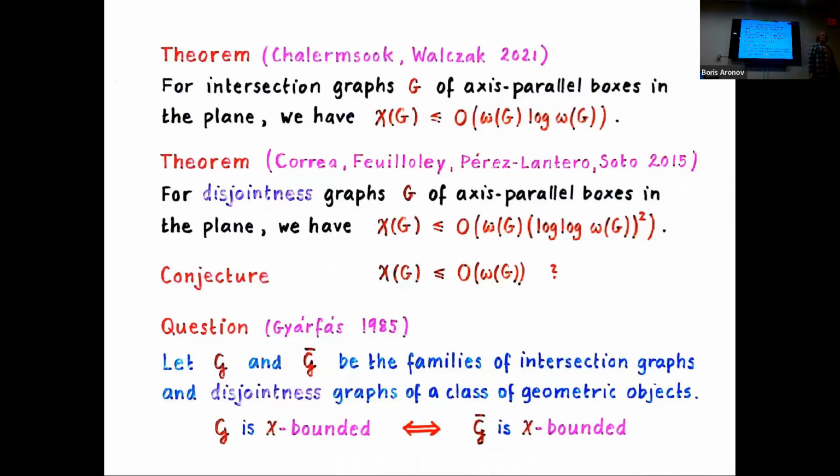So it wasn't an entirely silly conjecture by János in 1985 that perhaps it is true that if you take two complementary classes of graphs, the families of intersection graphs and of disjointness graphs of a class of geometric objects, one class is chi-bounded perhaps if and only if the other class, the complements, is chi-bounded.